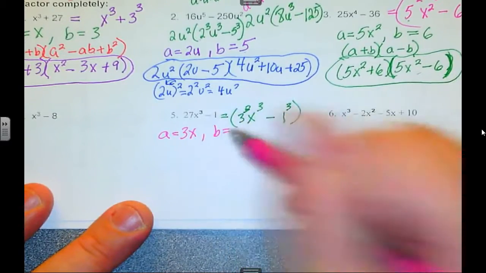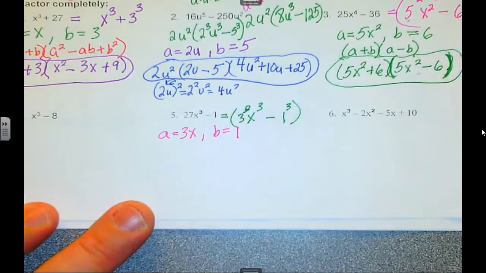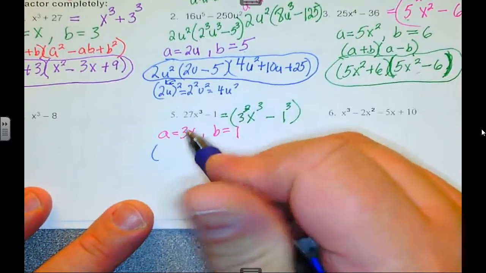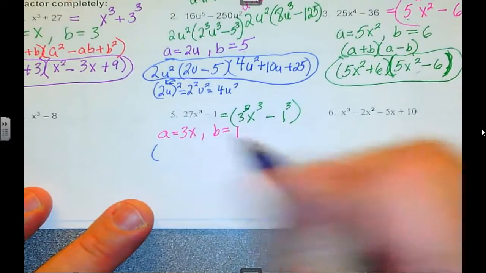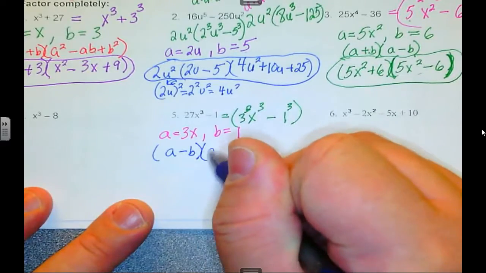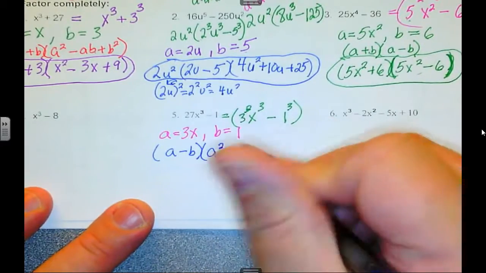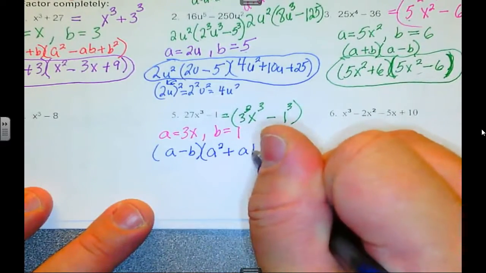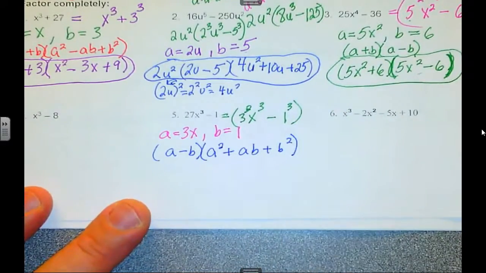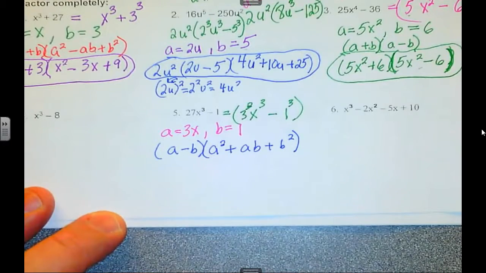My B is 1. My formula is going to be A minus B times A squared plus AB plus B squared.